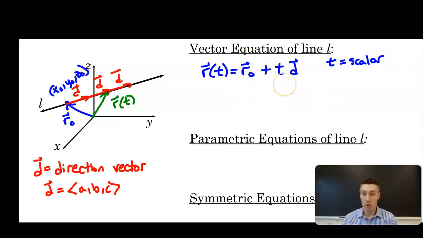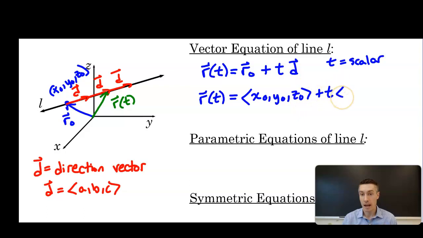All right, so we've written a general vector addition expression to represent the way we would define every point on the line. So writing it out a little bit differently, but still in vector form, this would be r naught, so x naught, y naught, z naught, plus t times the vector a, b, c.